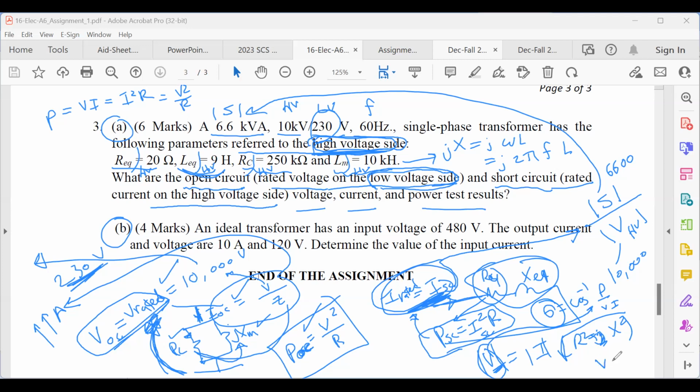Definitely the voltage will be, let's say, at angle 0, but the current will be with a negative angle, because R and X is always lagging. It's always inductance. The equivalent circuit for the transformer is always with the inductance. Okay.